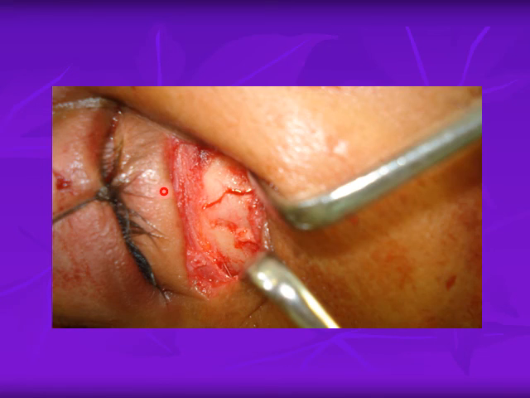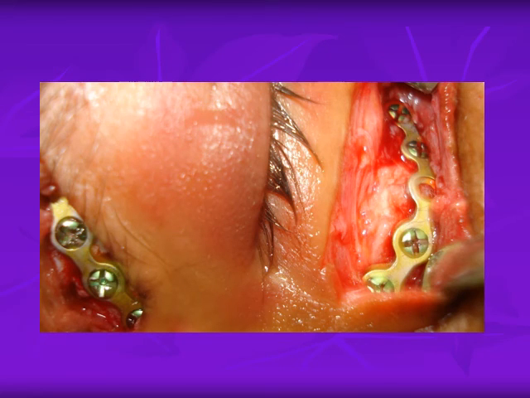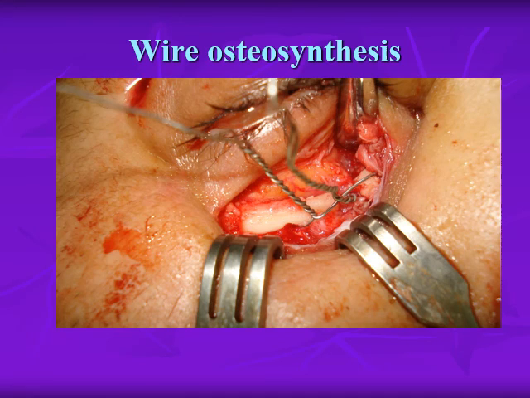This is about 7 mm from the eyelash margin. Okay, this is a 2 mm miniplate. Okay. This is a case where we used wire osteosynthesis for fixation of the fracture segment. It is not used nowadays.